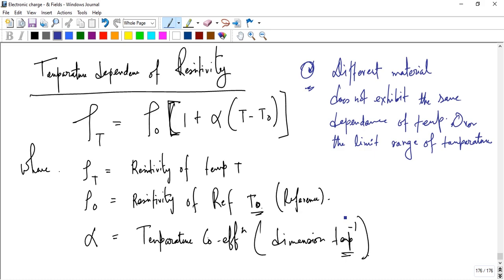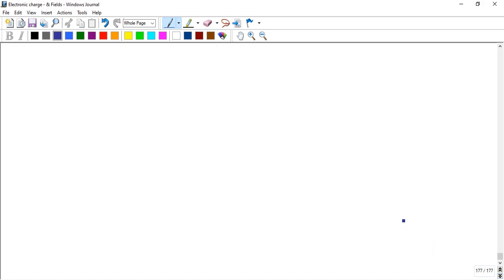Here are some graphs, a graphical representation. Here are three graphs. The first graph is the resistivity of, suppose, copper, against the temperature on the Kelvin scale. Suppose the resistivity of copper is 10 to the power minus 8 ohm meter.